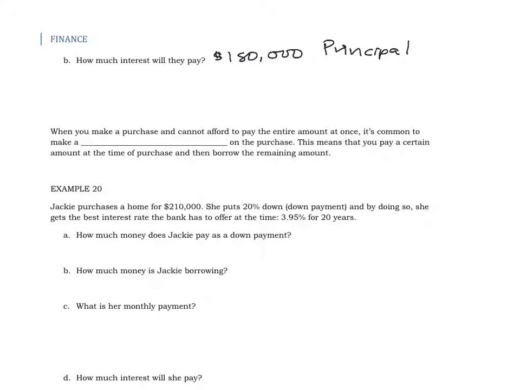Okay, so they want to know how much interest they paid. All right, so for the house, they are paying the bank $885.49. They are doing this every single month for 30 years. Again, when you pay that monthly payment, that includes the amount that you borrowed and the interest.